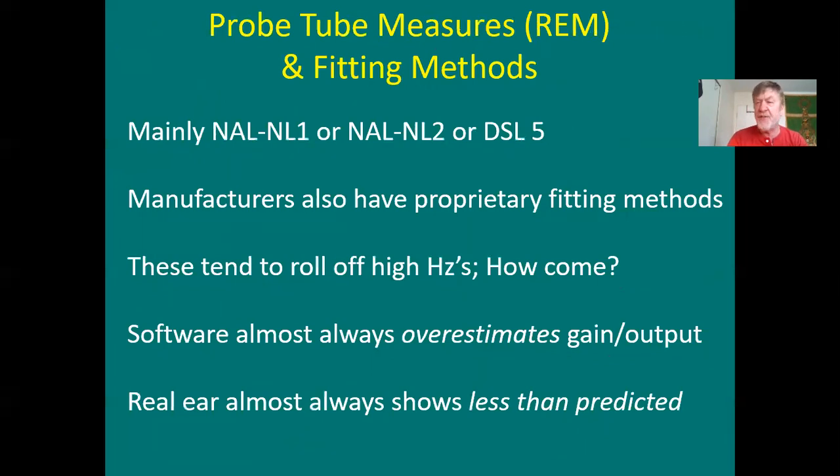A lot of manufacturers have their own proprietary fitting methods as well as NAL1 or NAL2 or DSL5. And in comparison to NAL1 or NAL2 or DSL5, the proprietary fitting methods really roll off the highs. I wouldn't use them. I would stay away from them. They're not giving enough high frequency gain or output.